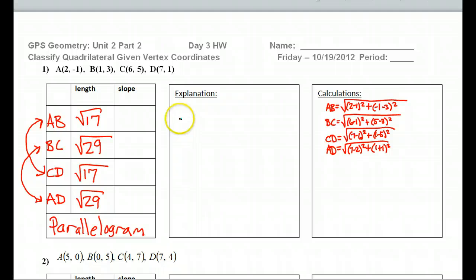Okay, so the first slope. So let's look at slope AB. Okay, slope AB should be, and remember the slope formula is y2 minus y1 over x2 minus x1.